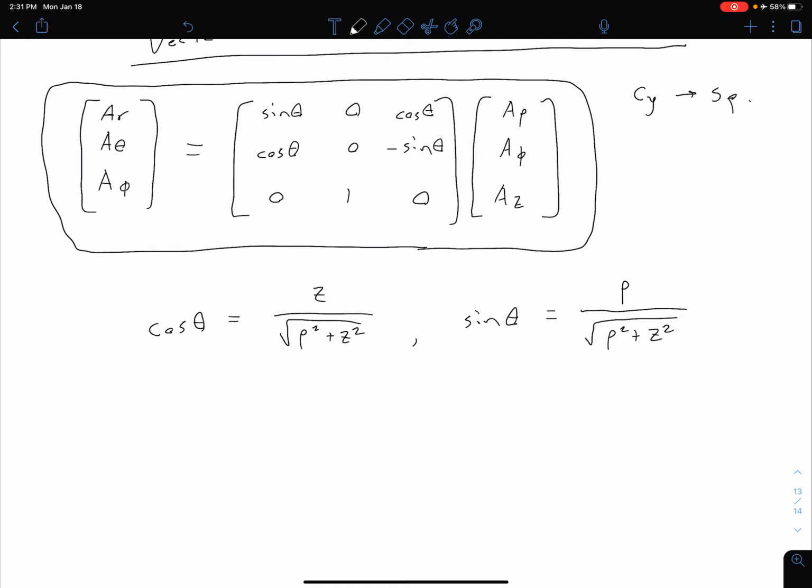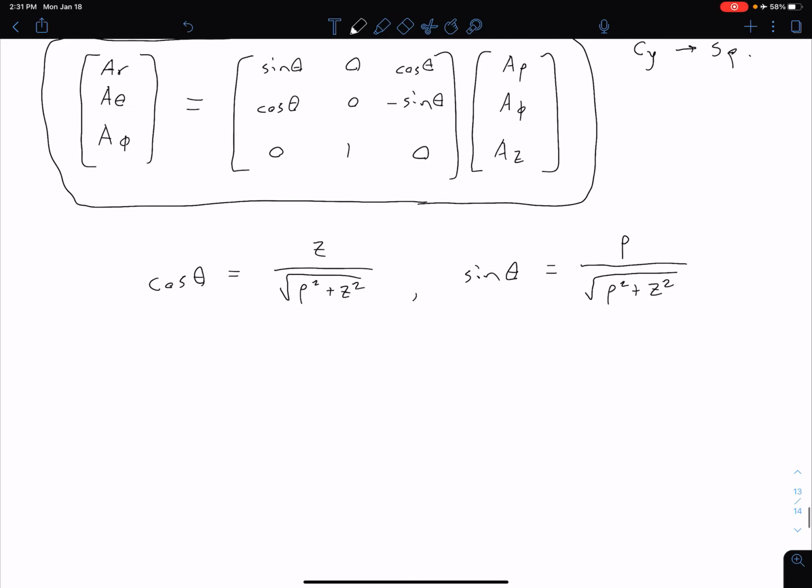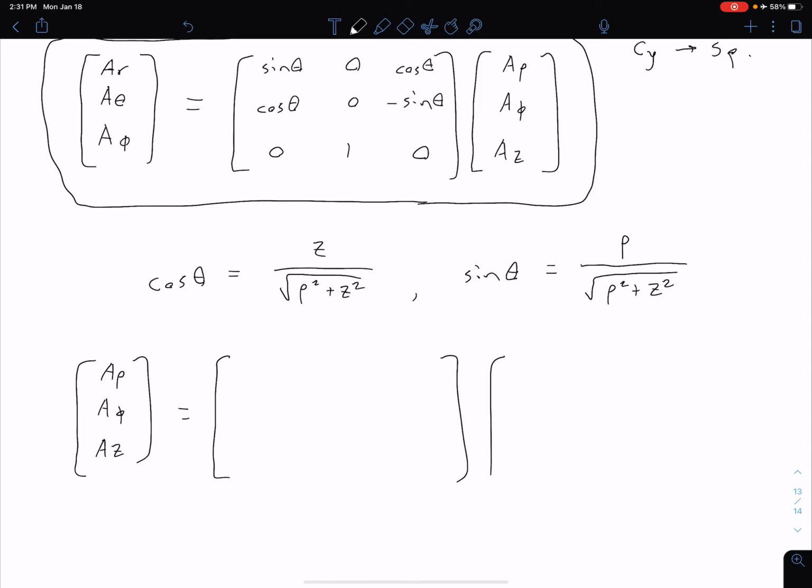Okay, so finally, if we want to go the other direction, so let's say we want to find our cylindrical components, A rho, A phi, and A z, given our spherical components, how can we do that? Without going through the derivation, we can just write the results. We're going to depend on A r, A theta, and A phi, and we should be able to do the second row pretty easily.